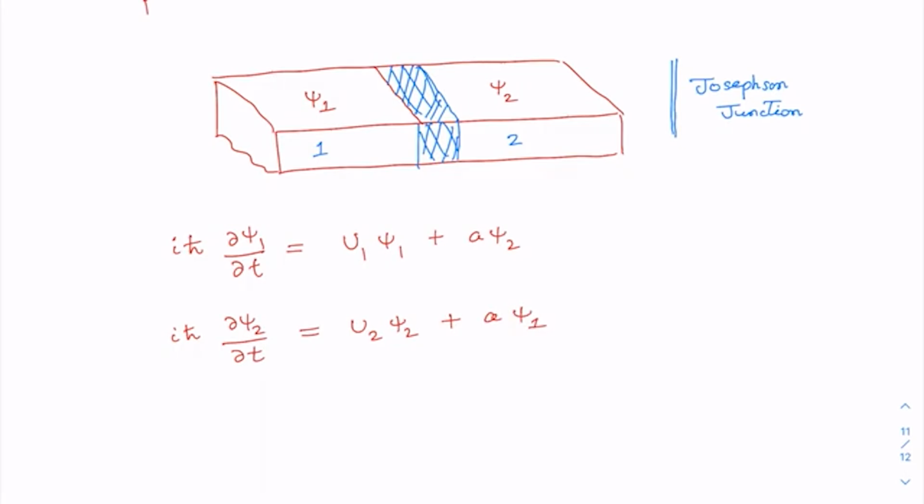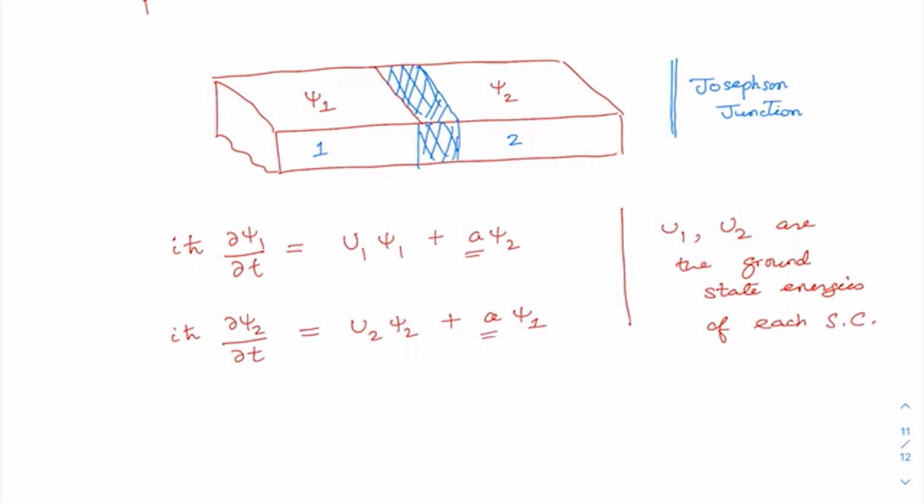Here u1 and u2 are the ground state energies of each superconductor, and A is the coupling between the two superconductors, a parameter which characterizes the overlap between the wave functions psi1 and psi2.